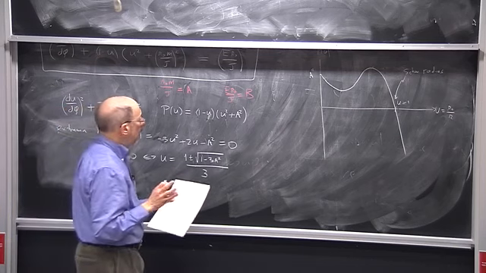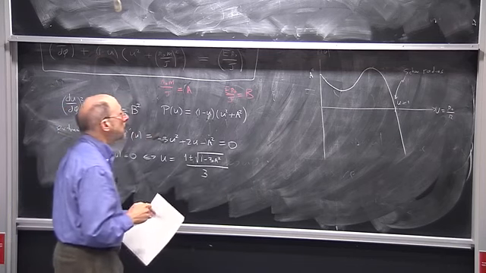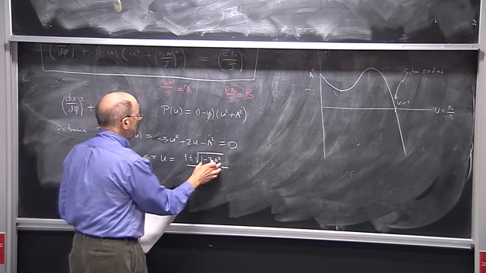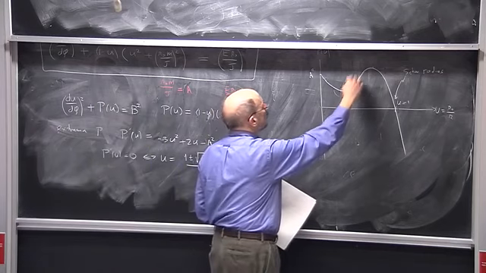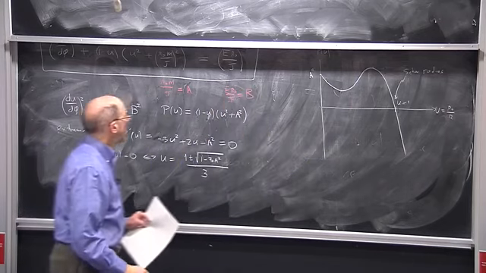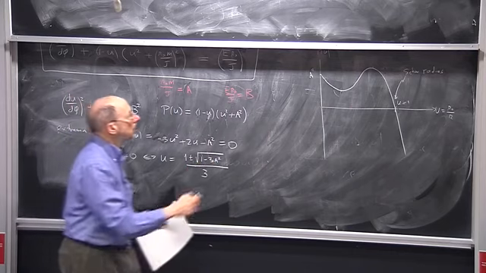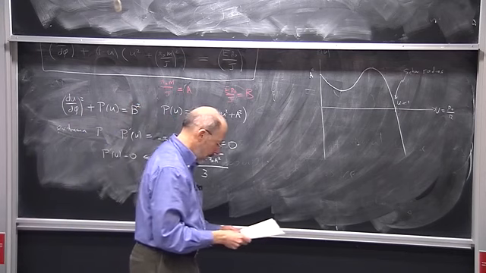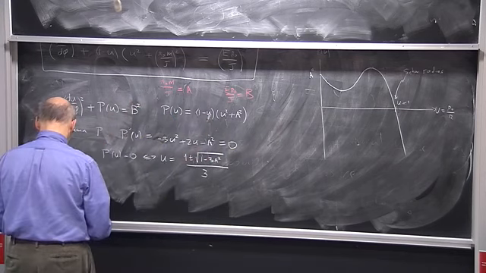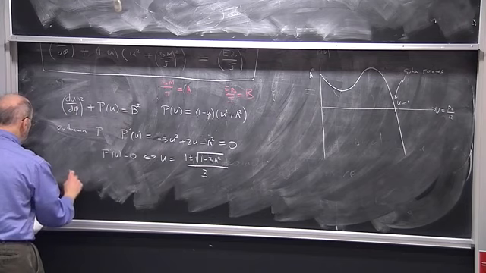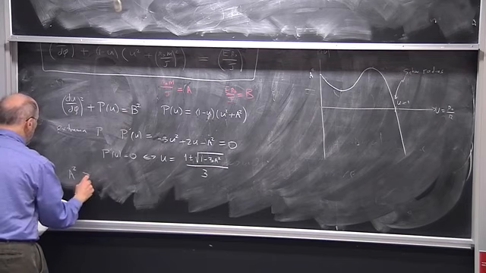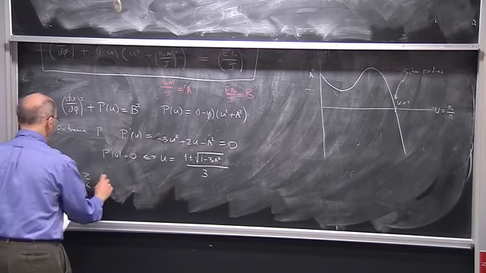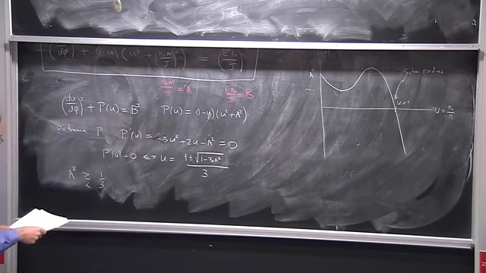For relatively more or less angular momentum per unit mass, you'll either have purely imaginary roots, meaning there are no extrema and it'll just be monotonic, or two real roots, which is the situation I showed here, or the marginal case in between. So the three cases we just talked about are determined by whether a squared is equal to, greater than, or less than 1/3, right?